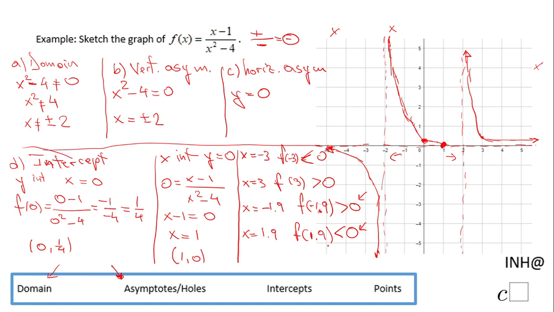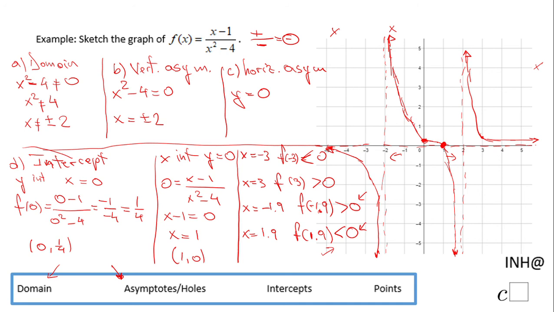And the last one, f of 1.9 less than 0, should tell you that once you get closer to 1.9, the graph is going to go closer and closer to the asymptote, but going down like this. And this is the graph of f of x equals x minus 1 over x squared minus 4.